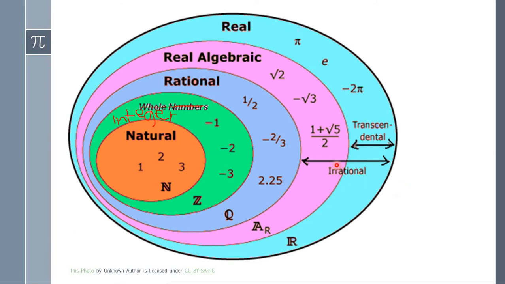So the real algebraic, or the real numbers, also include the irrational numbers.